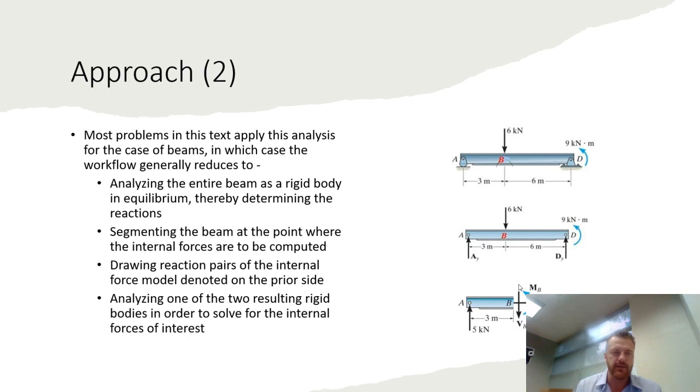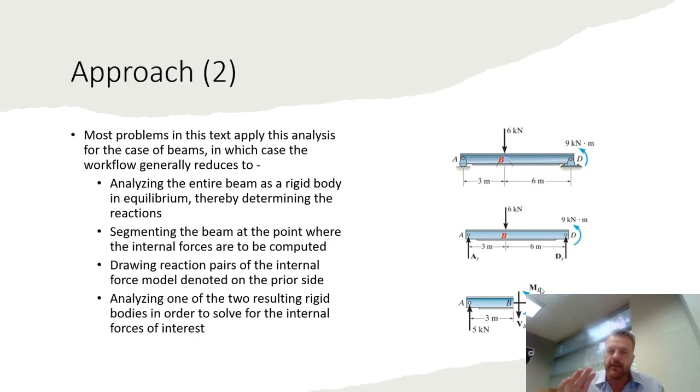So it's probably not surprising to you that the first step in solving any of these problems, like for example, looking here on the right, if I were interested in determining the internal stresses at point B, and I were to draw a free body diagram where I segmented the beam at point B and included my model of my three internal stresses, the shearing force, the normal force, and the bending moment, that's already three unknowns.